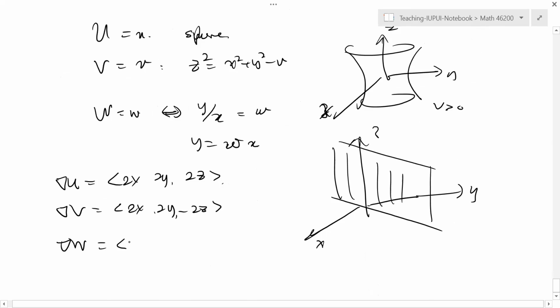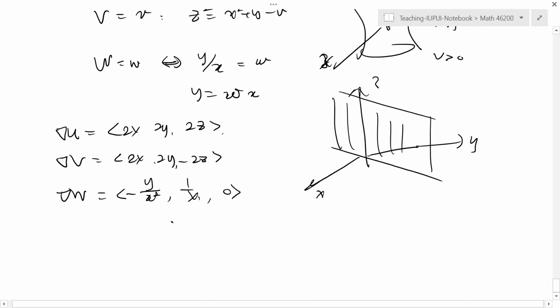The gradient of w is negative y over x squared, and 1 over x, and 0.